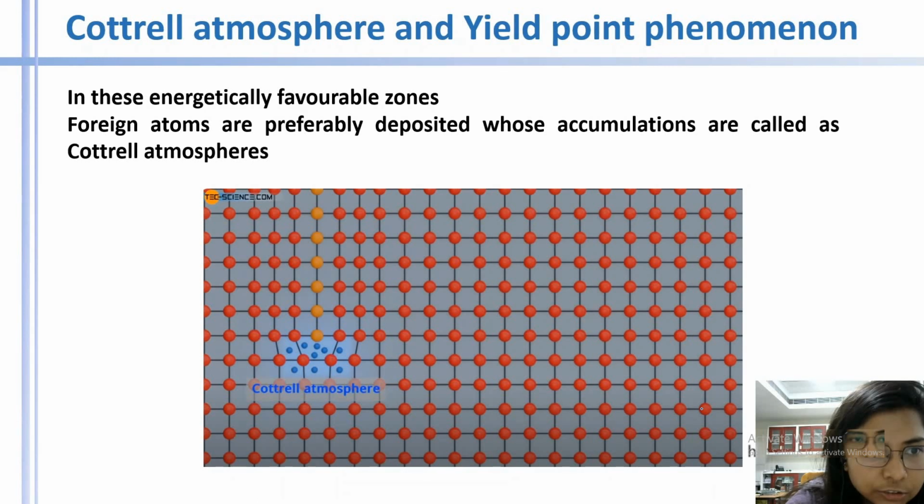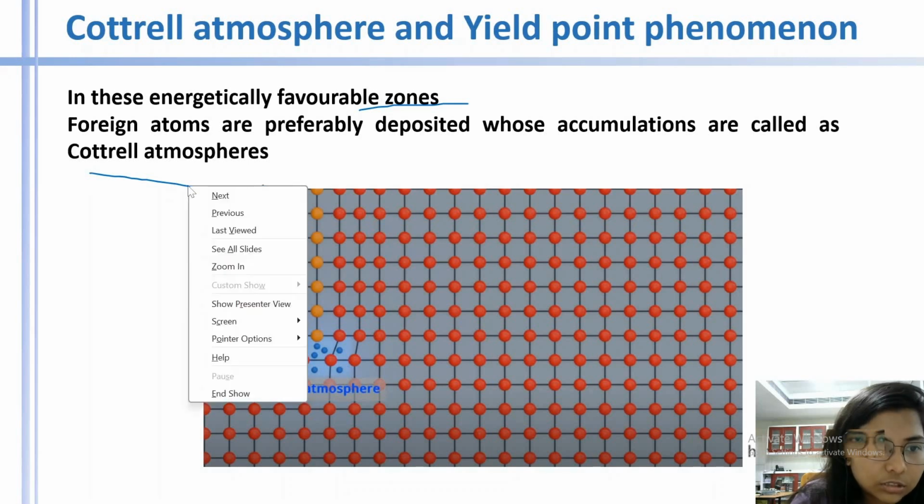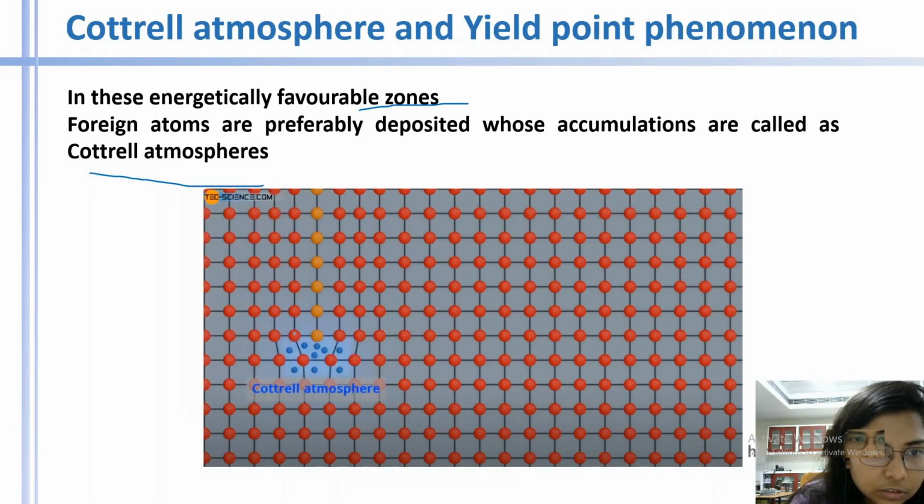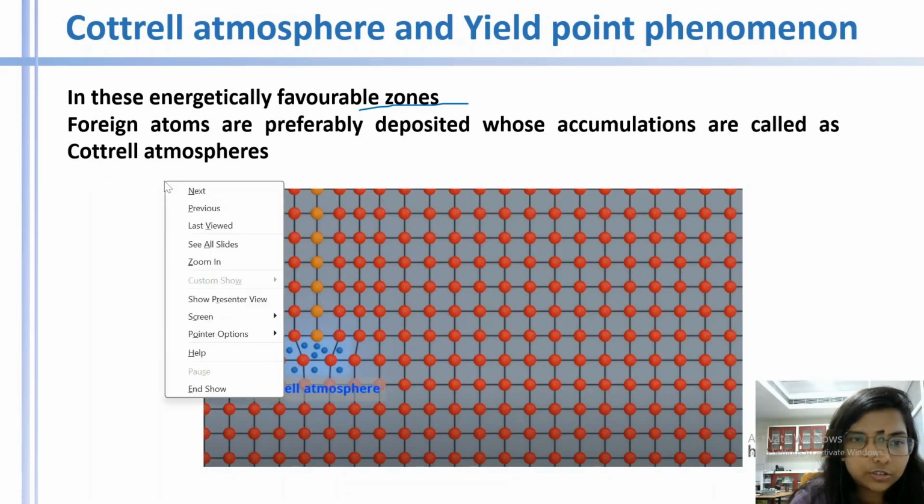Okay, so dilation zones. In these energetically favorable zones, foreign atoms are preferably deposited, whose accumulations are called quadrille atmospheres.